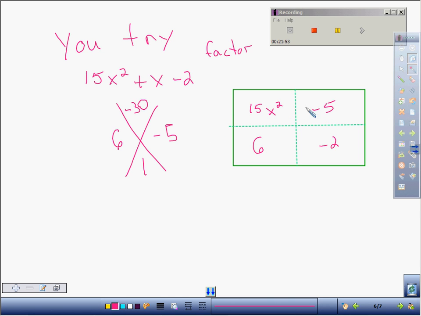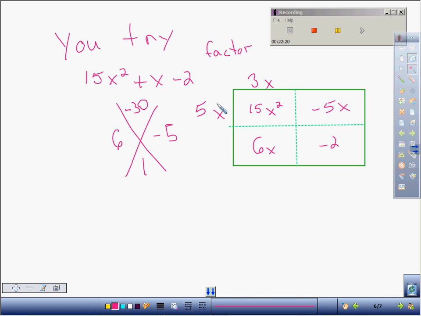Okay? What's the GCF in this row? What goes into both 15 and 5? 5. What goes into both x squared and x? X. What goes into both 15 and 6? 3. And take out the x as well.